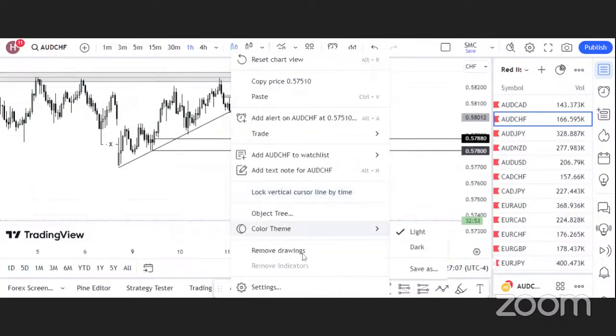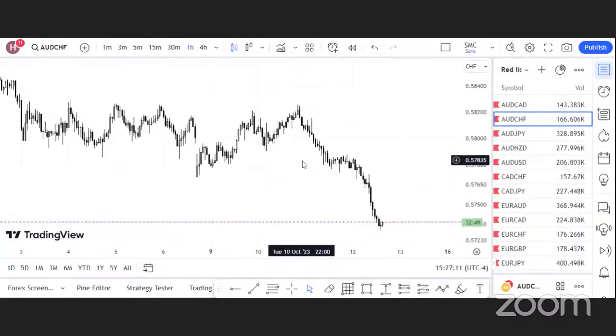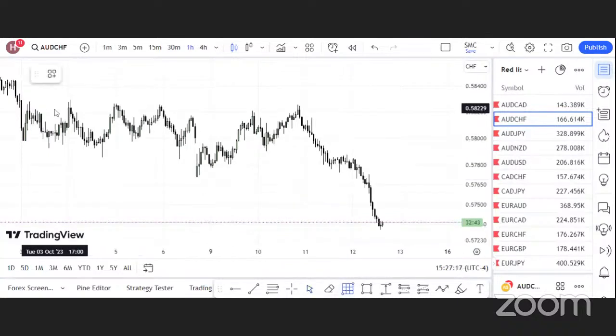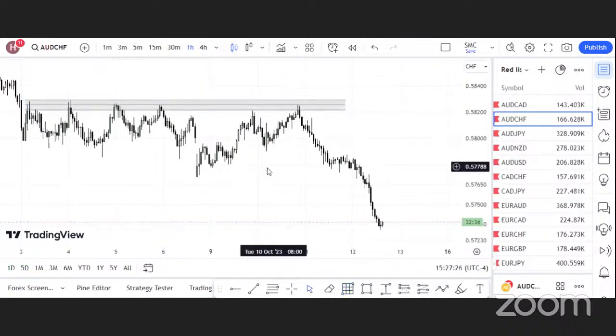Let's look for another market. Okay, so we have AUD CHF, and the market came all the way to this area before going down.